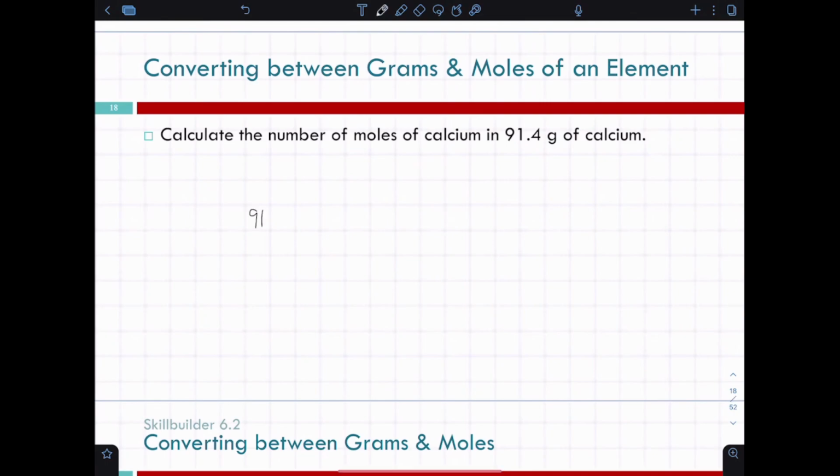So it's going to be 91.4 grams calcium. And then now we need the molar mass of calcium. And that's always going to come from the periodic table.